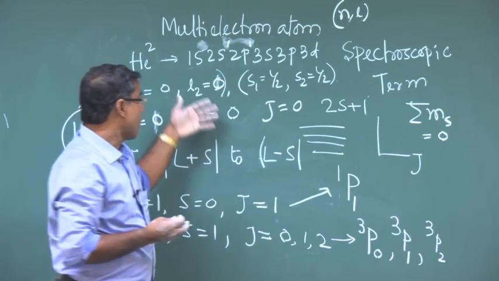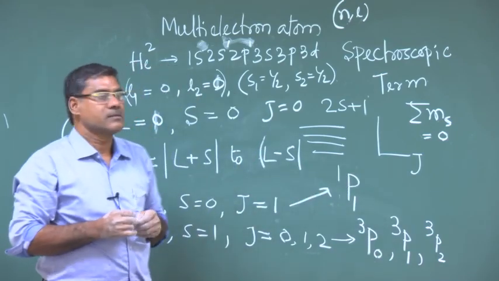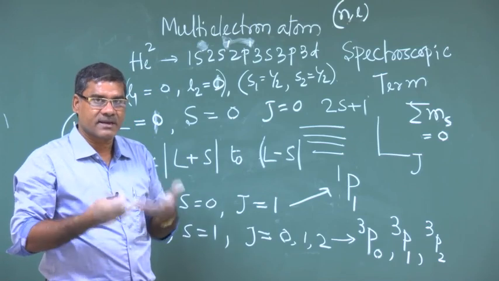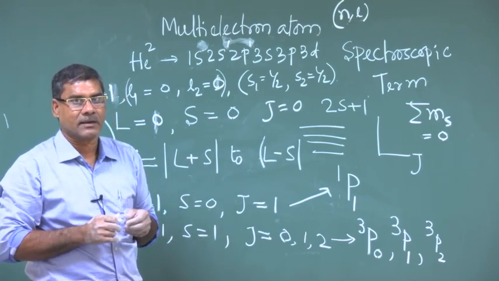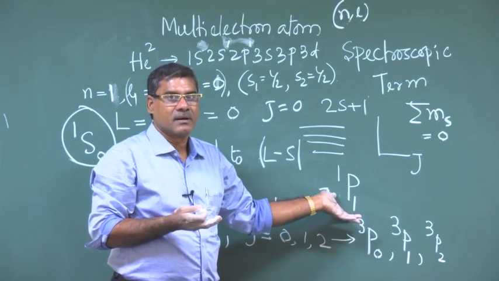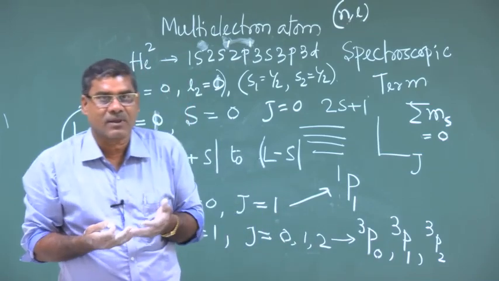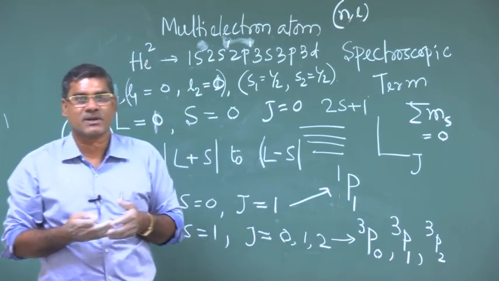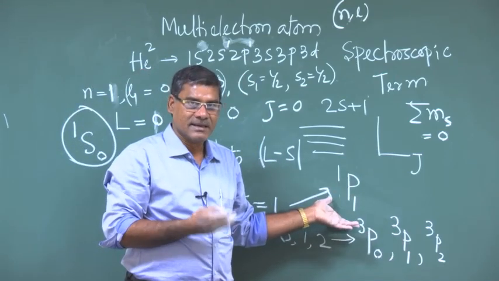For non-equivalent electrons, it is easy to find the spectroscopic term or state of a multi-electron atom. Without thinking about violation of the Pauli exclusion principle, one can write the states easily.